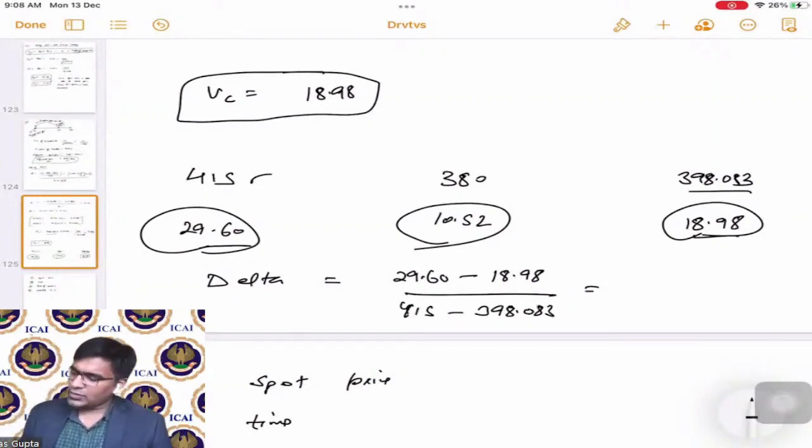Using this you can calculate delta: 415 minus 398.083 and 29.6 minus 18.98. This divided by this, it comes as 0.6277, correct?